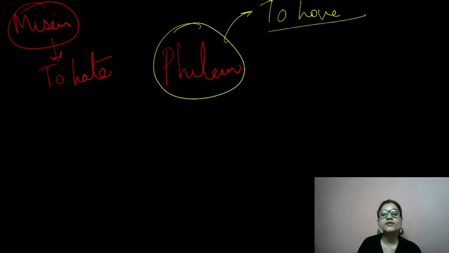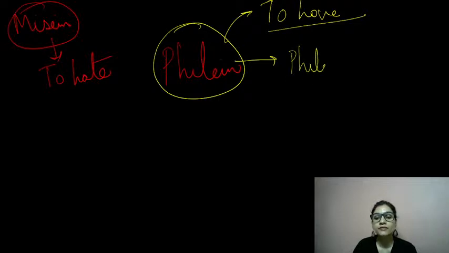So a person who falls in love with the humans generally is a philanthropist, right? So I'm going to start with the very first word root as philein plus anthropos. So what does anthropos refer to?